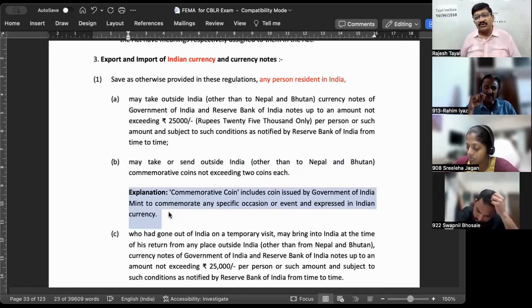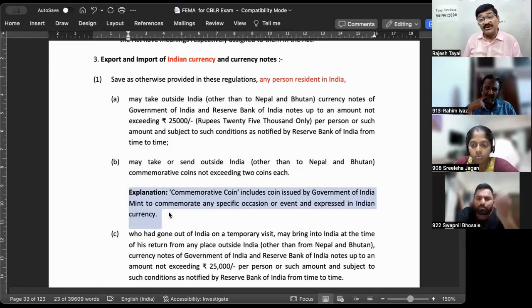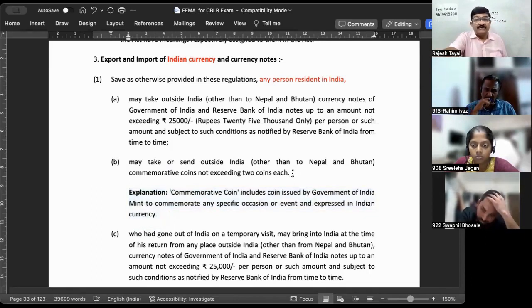Now, if the government of India issues a commemorative coin of 10,000 rupees, it doesn't mean under two coins can be taken. So that will be considered 20,000 rupees also. Is that allowed? 2 coins in 30,000? That depends upon the value for which it is issued by the government or RBI. Is there any such coins available with the Indian government right now? No. Okay.